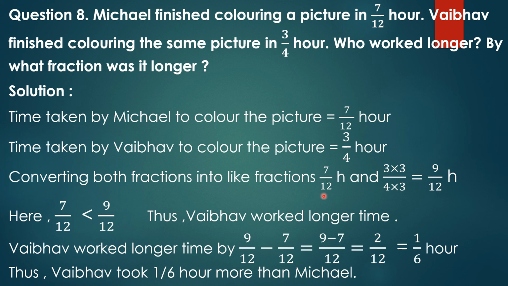So wherever 3 by 4 is there we can use 9 by 12 hours. So 7 by 12 and 9 by 12, these two fractions are under comparison. When we compare these two fractions, which is greater and which is lesser? 7 is lesser than 9. Therefore 7 by 12 is less than 9 by 12. Vice versa, it can be written as 9 by 12 greater than 7 by 12.